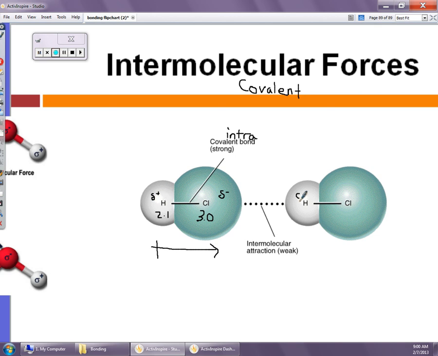The same thing will be true on the next hydrochloric acid, and the next one, and the next one. But since we have a slightly negative and a slightly positive charge, these two are going to attract each other. That is your intermolecular force. Notice the E, because it's from one molecule to the next. So it does connect, but it is not a bond.